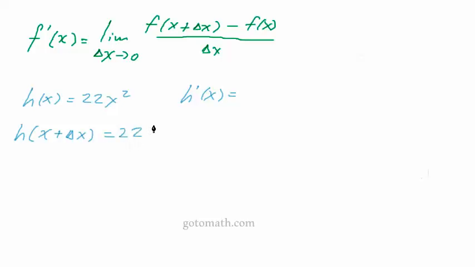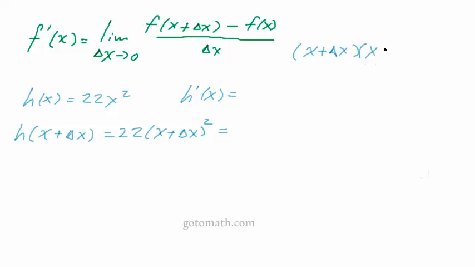So we have 22 times x plus delta x quantity squared. Right, so we'll want to go ahead and multiply this thing completely out. And I'm going to do a little side work up here, because we don't have enough room down below.